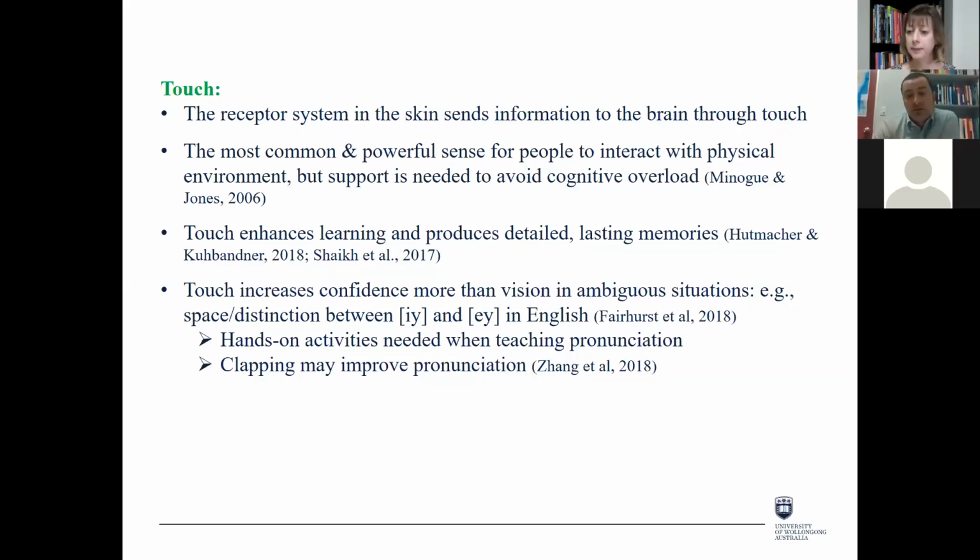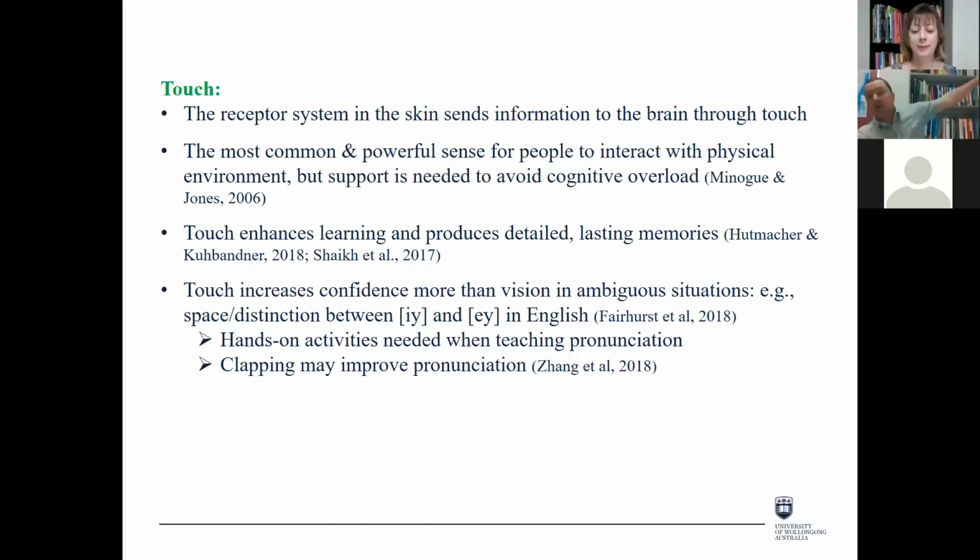And very interesting, a study here, bridging over to pronunciation, is that if there's an ambiguous situation, like the diphthongs E versus AE, that's for many learners an ambiguous difference. If you add touch, that becomes much clearer for the students, as opposed to just relying on vision.